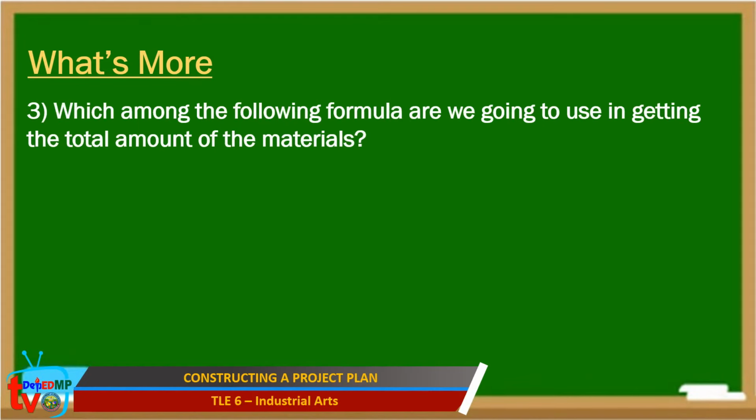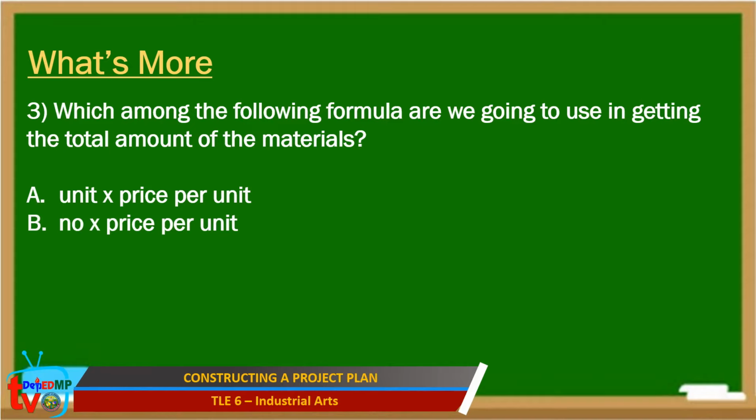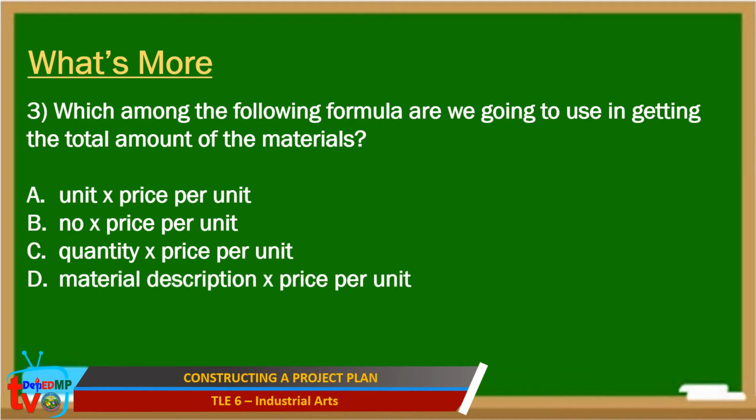Number 3. Which among the following formulas are we going to use in getting the total amount of the materials? A. Unit times price per unit. B. Number times price per unit. C. Quantity times price per unit. D. Material description times price per unit.